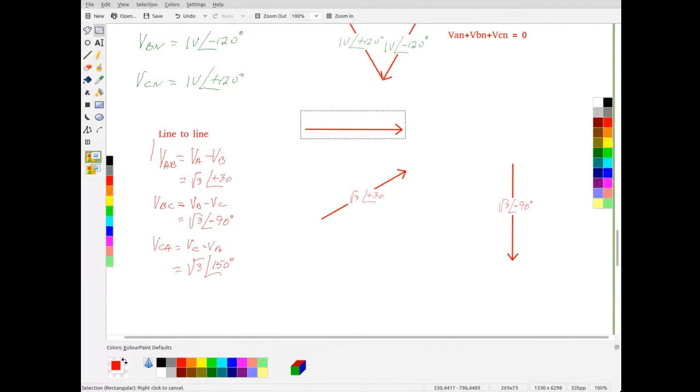And then I'm going to take one more copy of it. I guess I can just take it now. So they're all the same magnitude. Okay. And so this one is going to get rotated 150 degrees. All right.